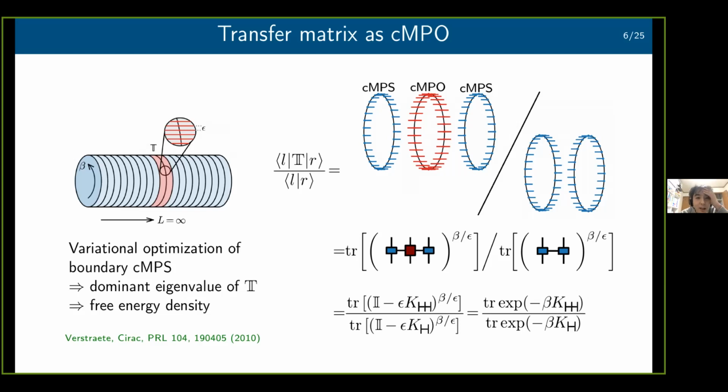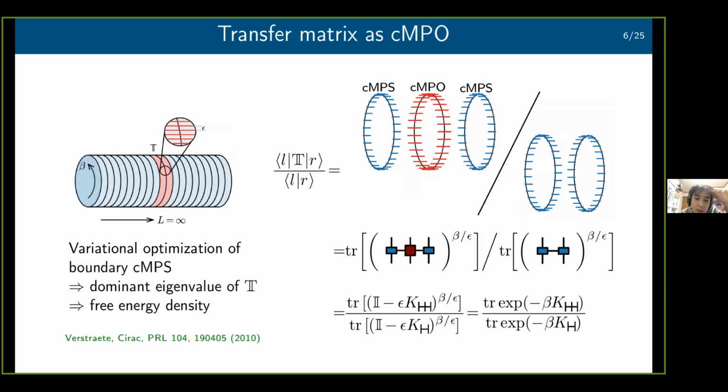Oh, okay, I was a little bit confused. So to calculate the dominant eigenvector by MPS, I guess that you need to assume the finite epsilon. Is that correct? No, actually, we make use of this CMPS ansatz, which is quite different from the ordinary MPS.